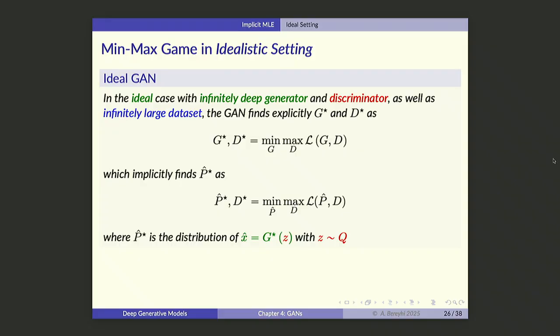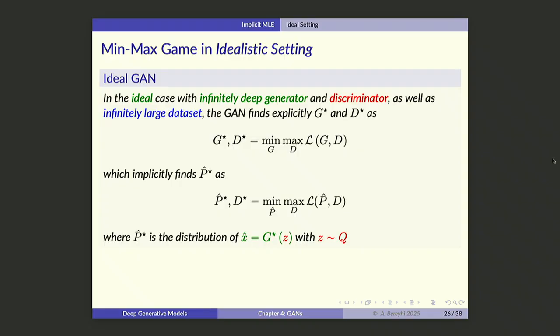Everybody's cool? And then the distribution that I see at the output of the generator is going to be the solution of this problem, P hat star. Everybody's clear? Question on that? No question?